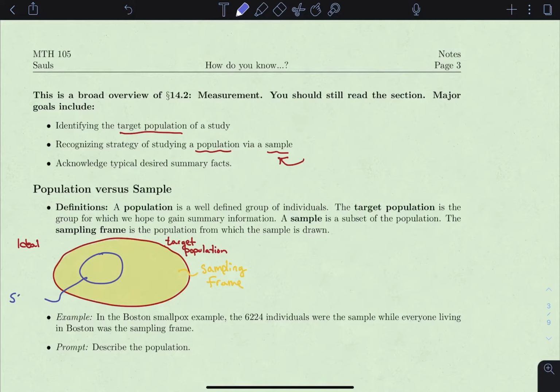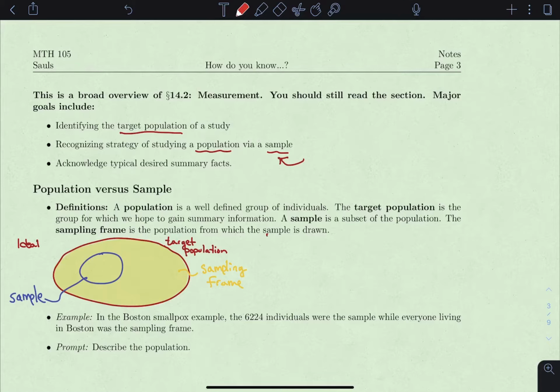So there's the sample. That's the ideal scenario, that anybody from your target population could have been in your sample. You don't have time to grab everybody from the population, so you get a sample and you make a conclusion about the population from the sample.